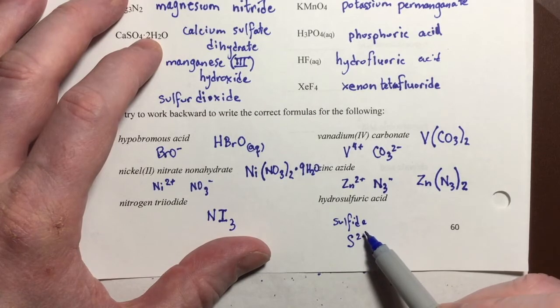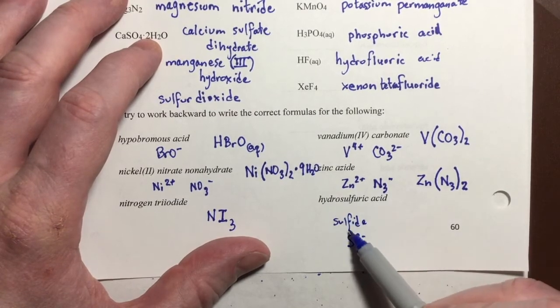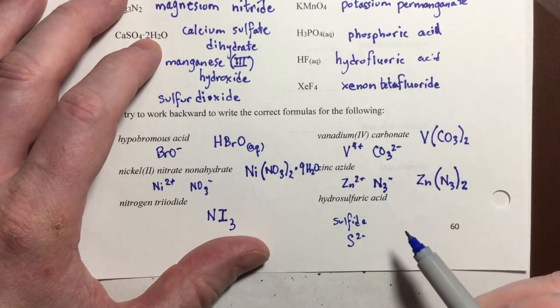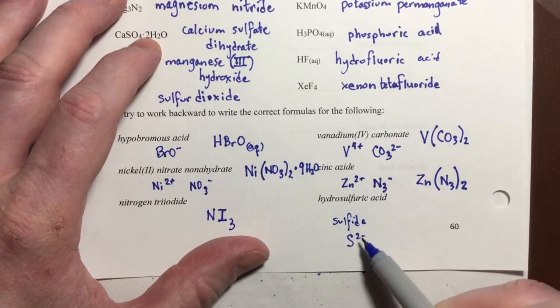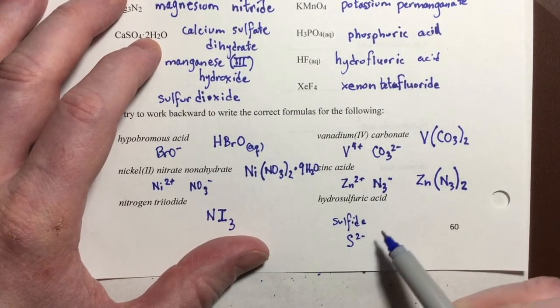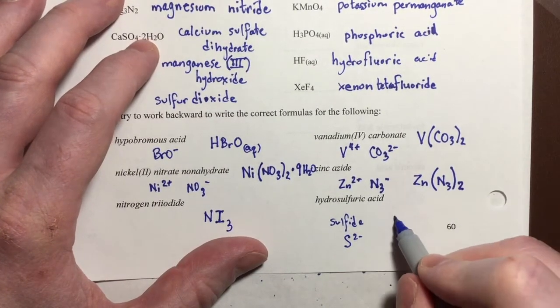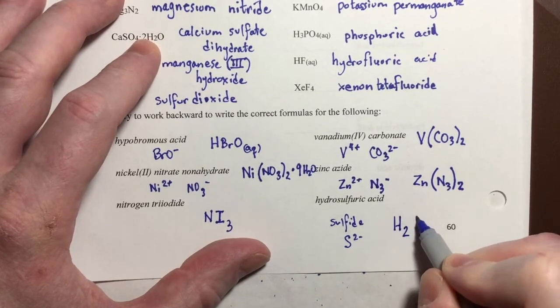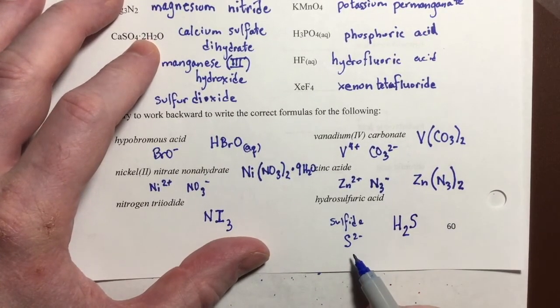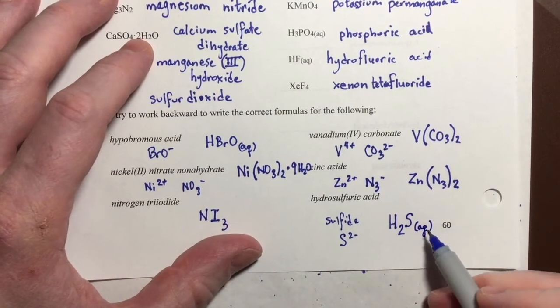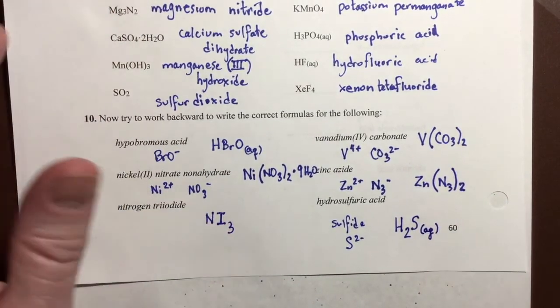So that's a sulfide, and so the acid based on that IDE ending has the hydro prefix and the ic ending. So if that's the anion upon which the acid is based, I needed 2 hydrogens to charge balance that. And of course, aqueous state indicator always for acids in this class. And there we go.